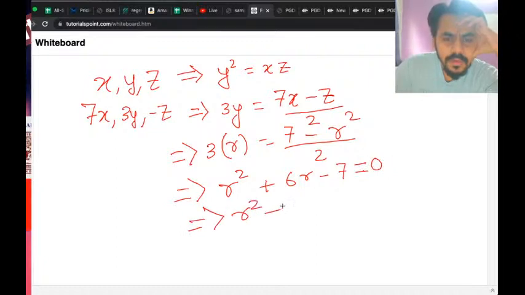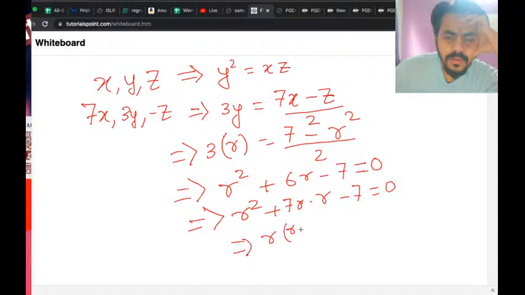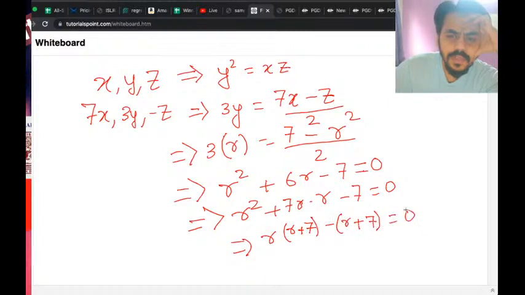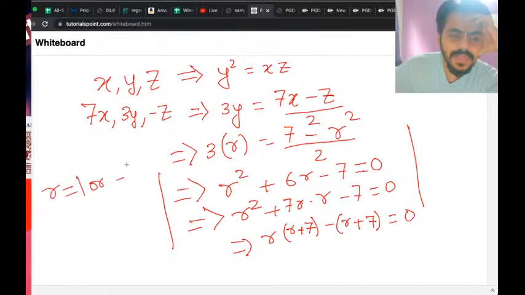So r square plus 7r minus r minus 7 is equal to 0, which says that either r is equal to 1 or minus 7.